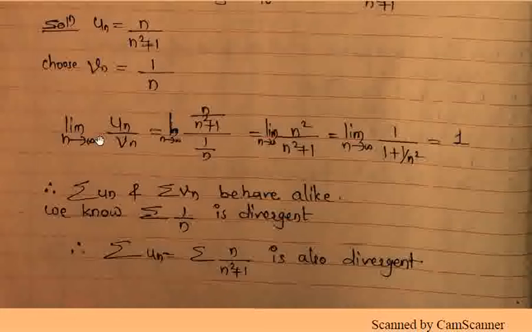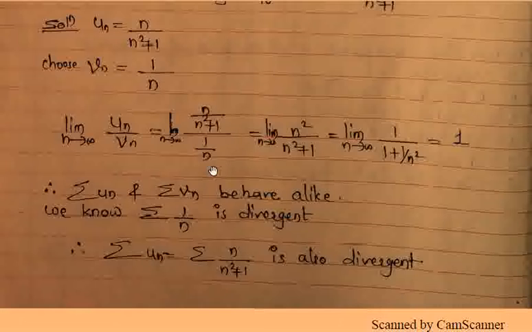So take the limit as n approaches infinity of un divided by vn. Both of them behave alike. When you do this, you divide this by this, so you cross multiply and the n's cancel out.